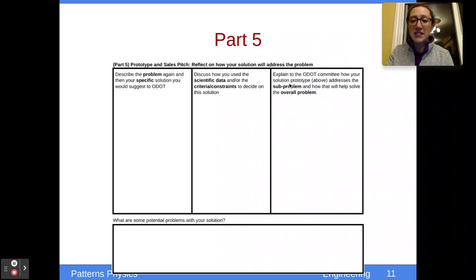So remember, you're specifically thinking about, let's say I focused on roads. How did my solution address the issue that was going on with the roads, and how is that going to help solve the overall problem, and I don't want to give that away, but the overall problem that we're trying to solve. So that's the only one that I think needed any clarification.